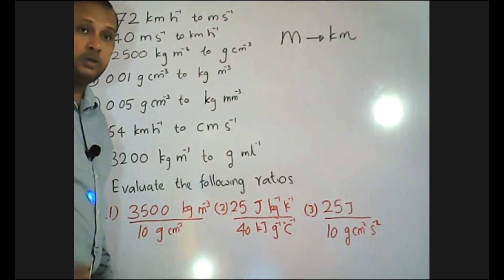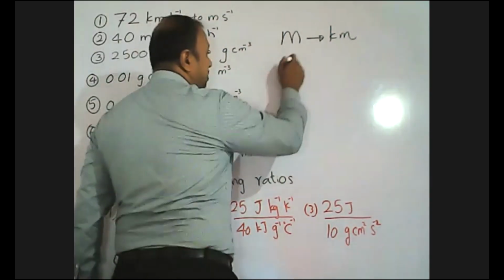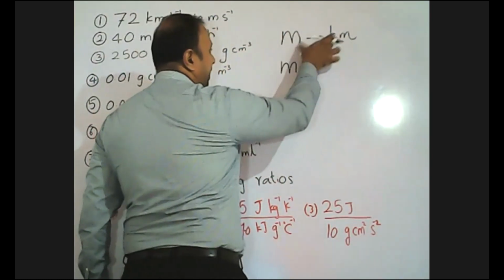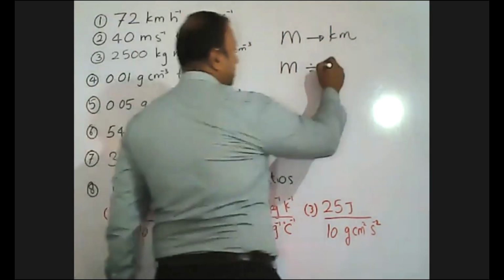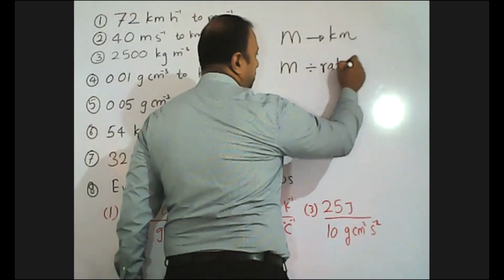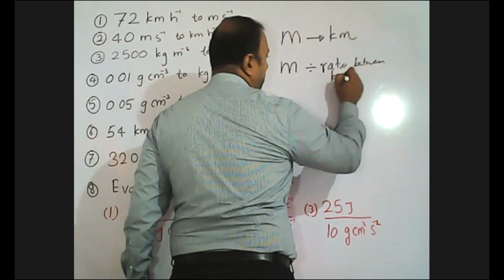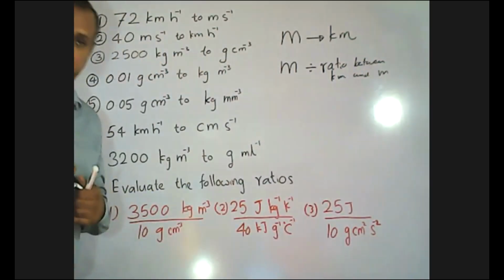So if you want to convert meter into kilometer, you have to divide the meter value by the ratio between kilometer and meter.